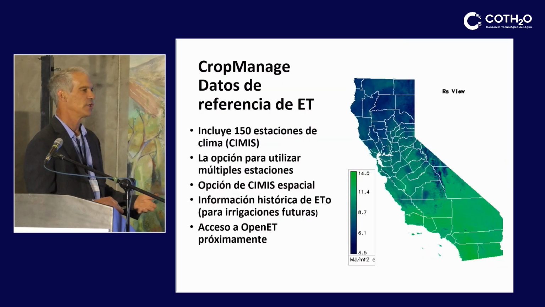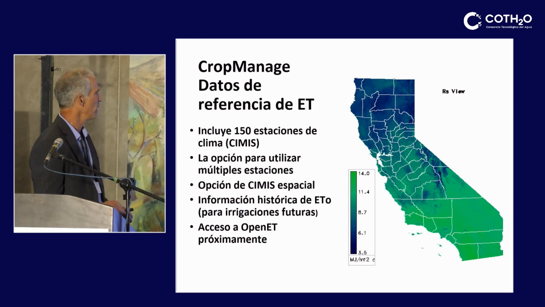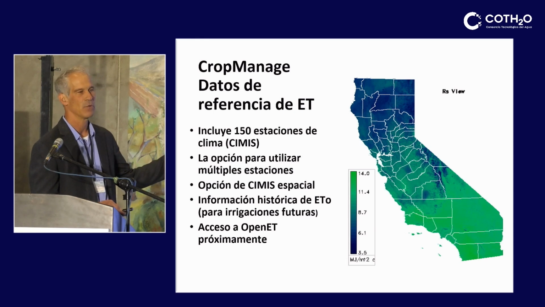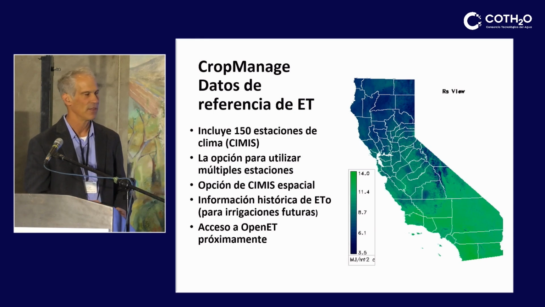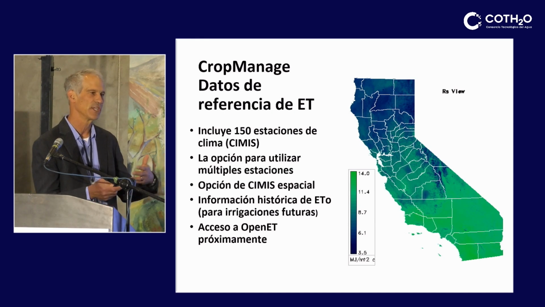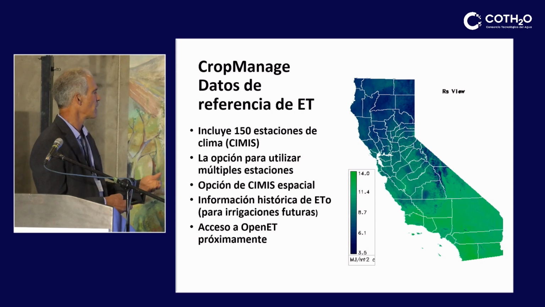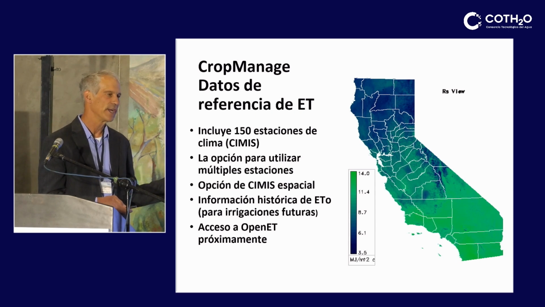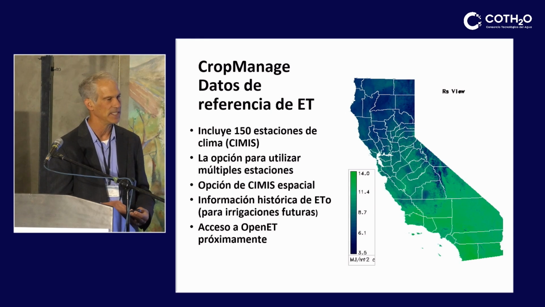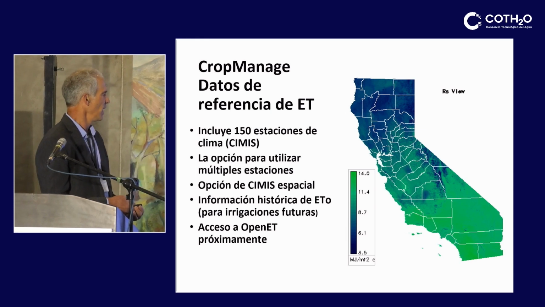So CropManage will automatically pull in weather data from these ET stations, and we have the CIMIS network throughout California, and we have 150 stations. So a grower just associates which stations they're interested in. We also have a gridded map of ET through spatial CIMIS that they can choose.